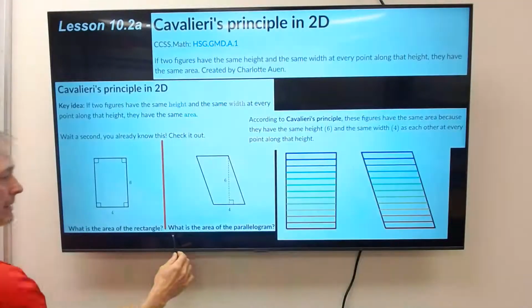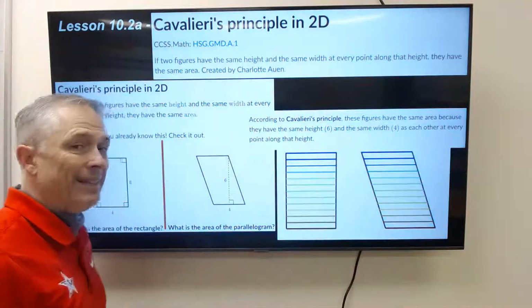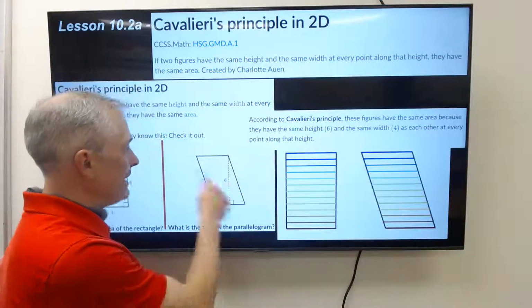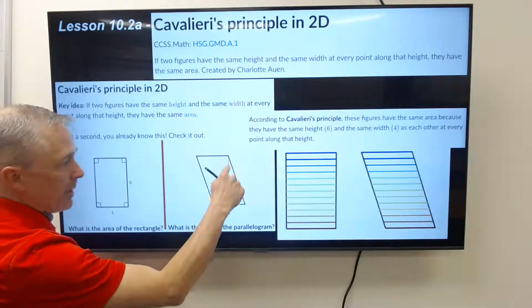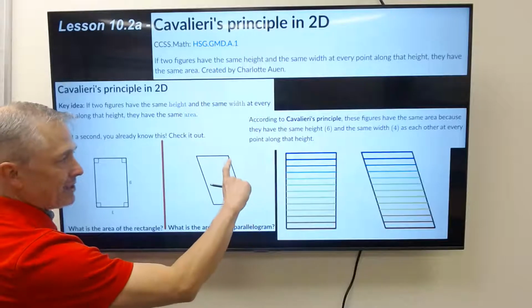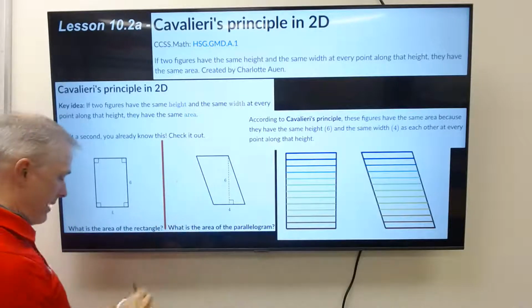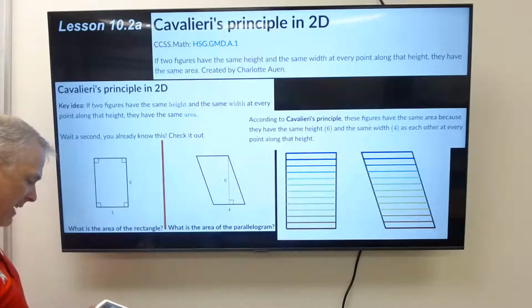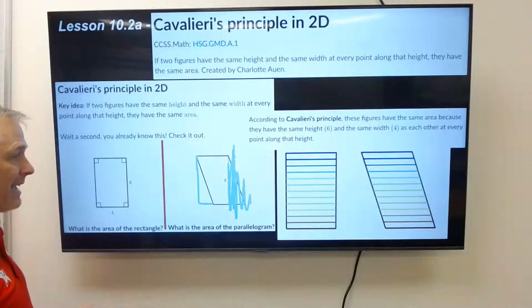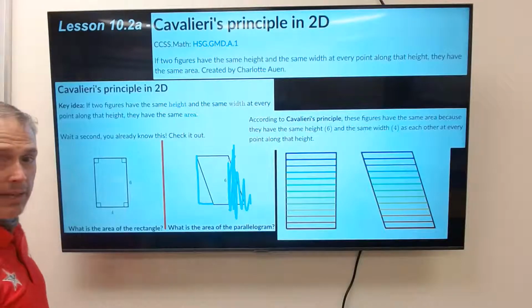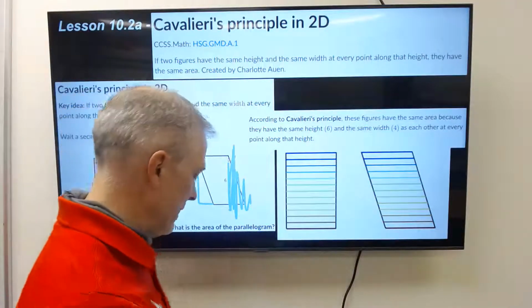So what is the area of the rectangle? What is the area of the parallelogram? They're both 24. We've dealt with that before, because what I could do is cut this triangle and rotate it around right there, and I would then have that thing coming off right here. This would kind of disappear, and really what I've got is the same area again. Hopefully that makes sense. Moving on.